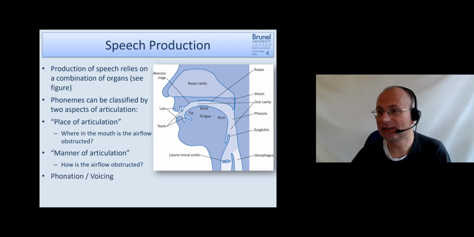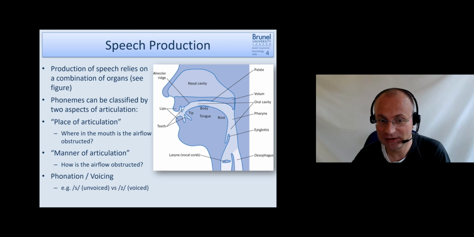So it's different ways of obstructing the airflow. And then we have as a third parameter the phonation or the voicing. So for instance, we have the S, the unvoiced sound, and we have Z as the voiced sound, which are similar with that.